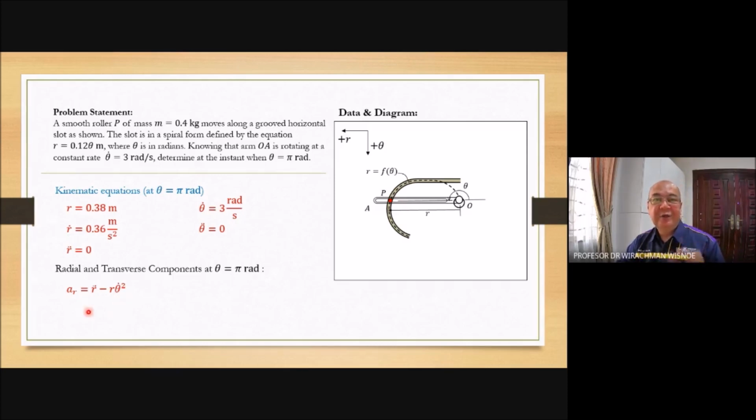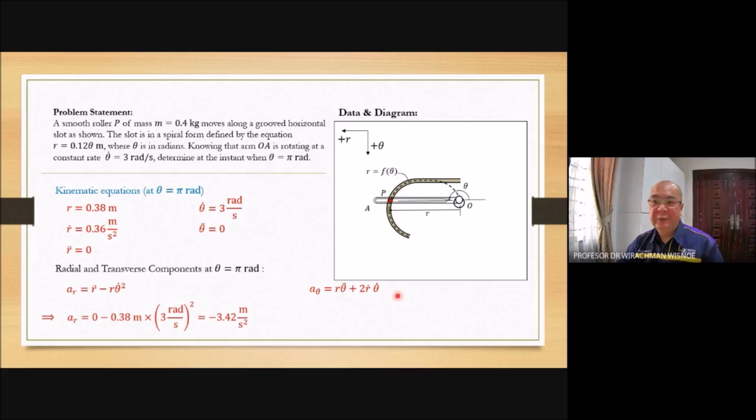That is the radial component of acceleration. If you put the values, r double dot is 0, theta dot is 3, r is 0.38.